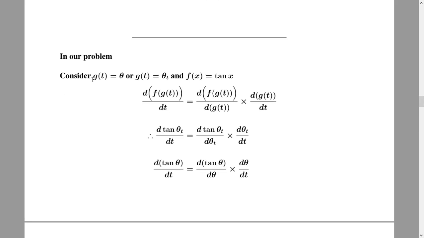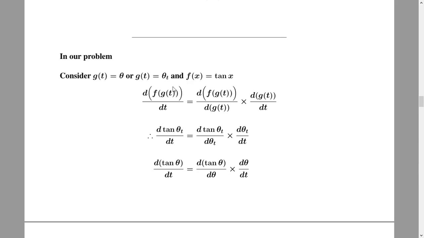In our problem, in order to apply the chain rule, what you can do is assume g of t to be equal to theta. Now you should realize that theta is a quantity which varies with time, right? So instead of just writing theta, you can also write it as theta of t. So g of t would be theta of t, and f of x is tan x. So then what happens is, this is the chain rule, d of f of g of t would become d of tan theta t.